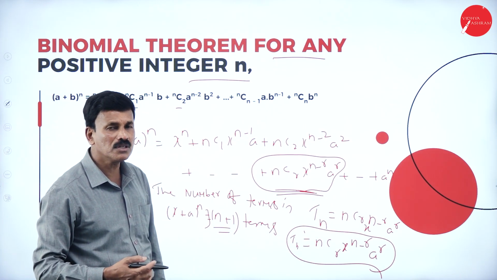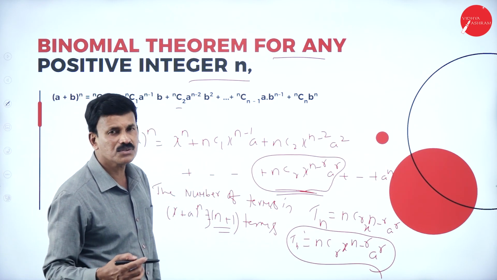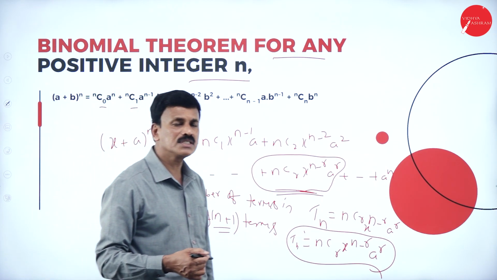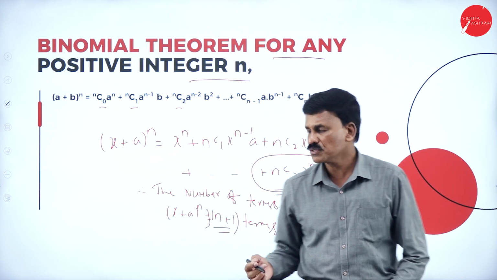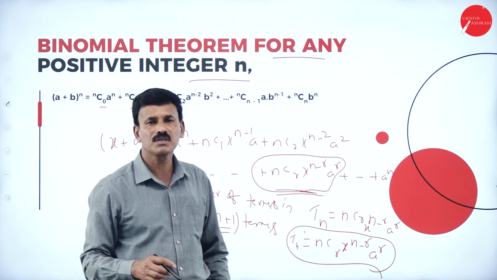This is a very important formula. Use it to solve problems on the nth term, and also to find the coefficients of x and the constant term. We are going to use this formula, NCr x to the power of n minus r into a to the power of r. Very important formula indeed.